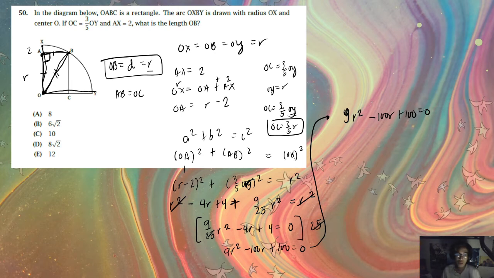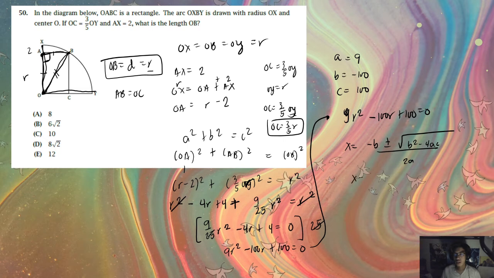Now, there are many ways to solve quadratic equations. You can use calculators or factoring. If we're going to use the quadratic formula, x is equal to negative b plus or minus the square root of b squared minus 4ac, all over 2a. Now let's write our numerical coefficients. a is equal to 9, b is equal to negative 100, and c is equal to positive 100.